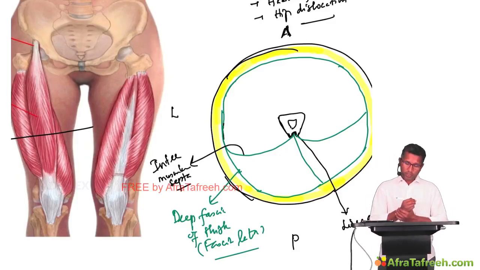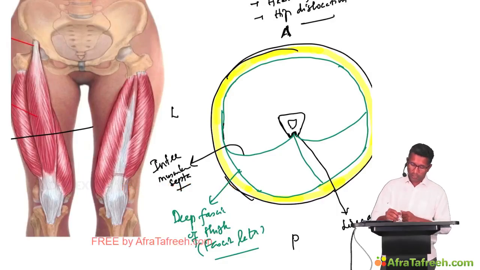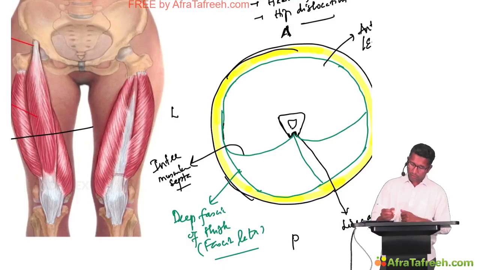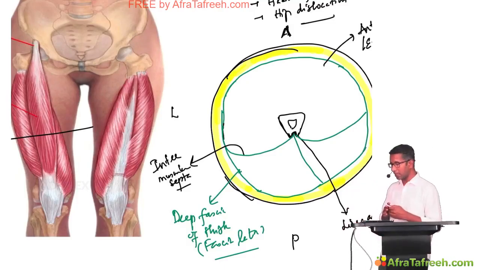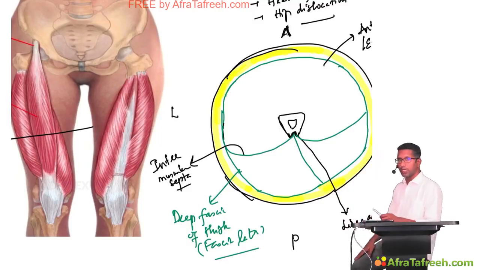These intermuscular septa divide the entire thigh into three compartments. This compartment is called the anterior compartment, which is also called the extensor compartment. Why is it called the anterior or extensor compartment? Because it is going to extend the knee.